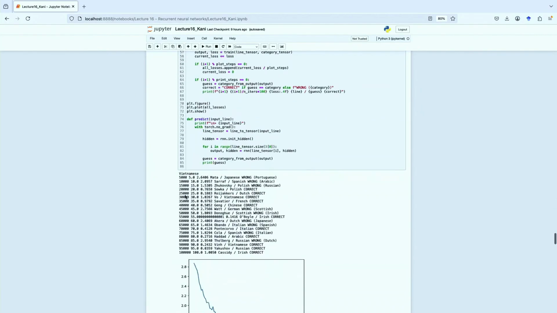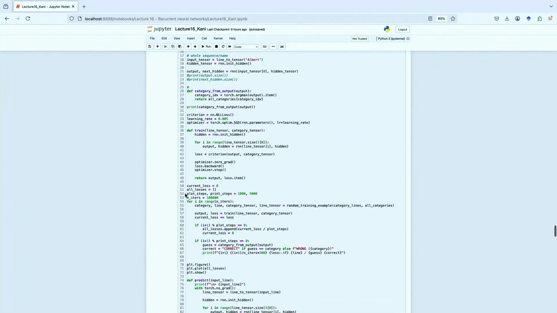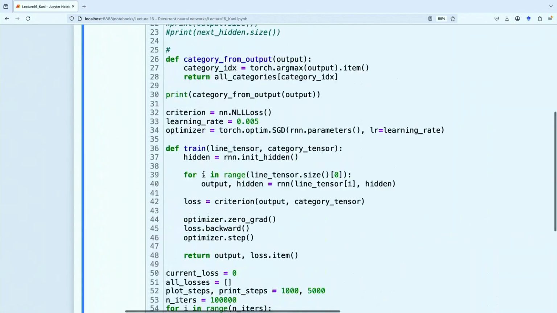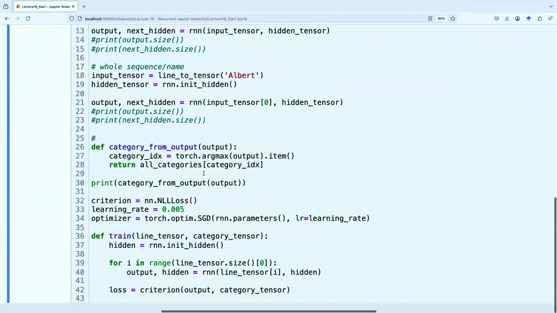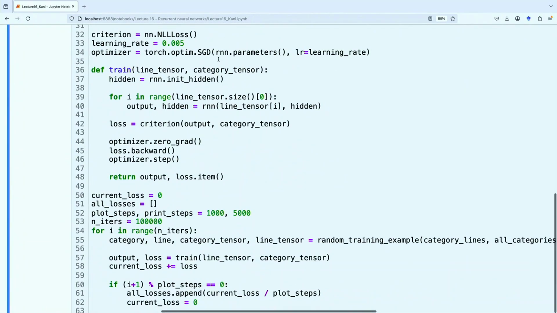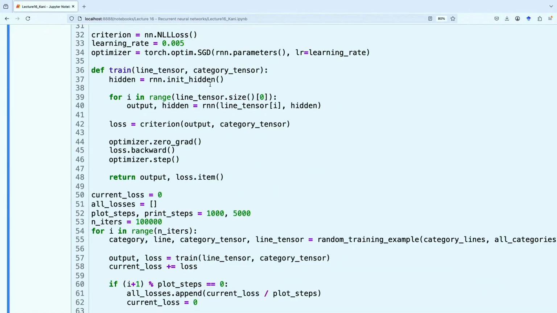If we do all this, we could write almost exactly the same code that we've written 100 times before. The training is simply we initialize the hidden state to be equal to zeros, and we calculate the output and hidden for each character.